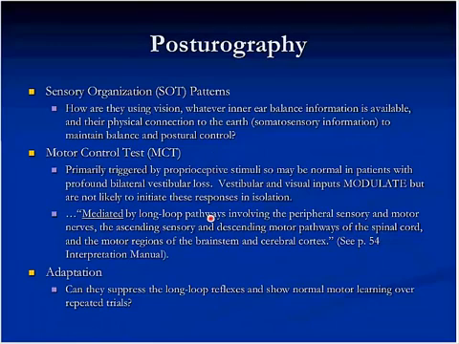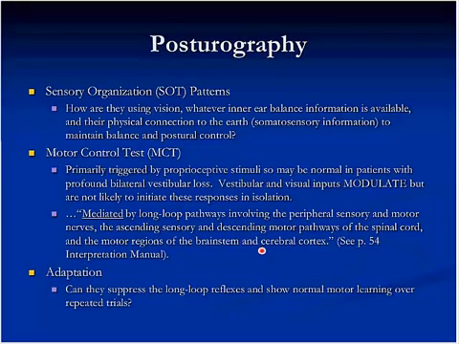Now, this comes directly out of the interpretation manual. These reflexes, when the ankle joint has to suddenly stiffen in order to keep you from falling, they're mediated by long loop pathways involving the peripheral sensory and motor nerves, the ascending sensory and descending motor pathways of the spinal cord, and the motor regions of the brainstem and cerebral cortex.